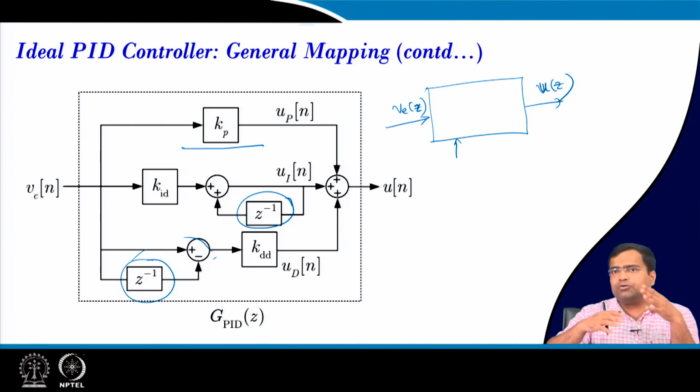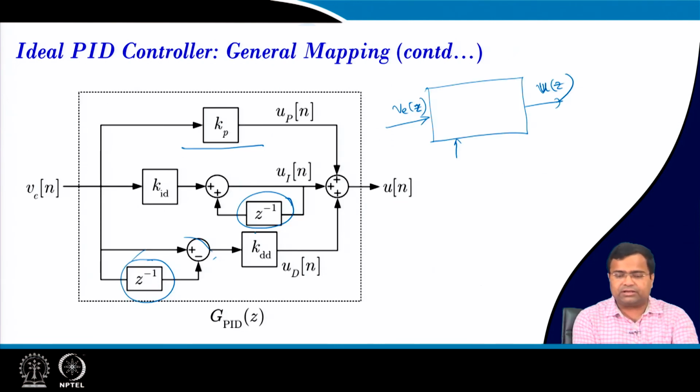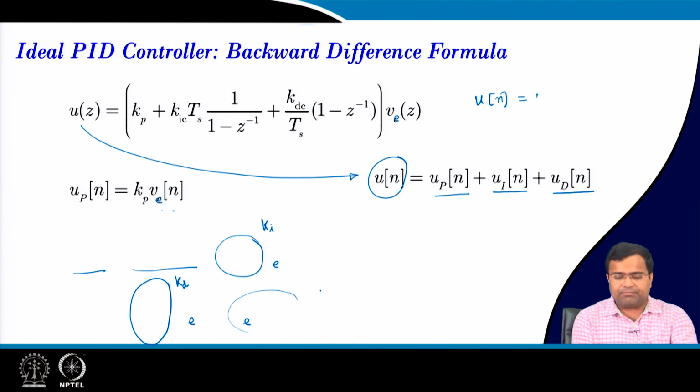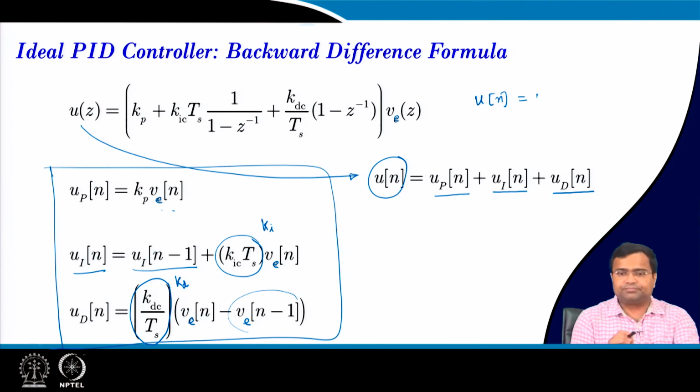That means it will compute at every 0 time, Ts time, 2Ts time, like that. But suppose you want to compute somewhere in between 0 to Ts and only update the controller. In order to do that, we have learned how to implement the MATLAB block using a difference equation. So this is a z inverse block, and you can also realize this using a difference equation simply by plugging in these three equations.